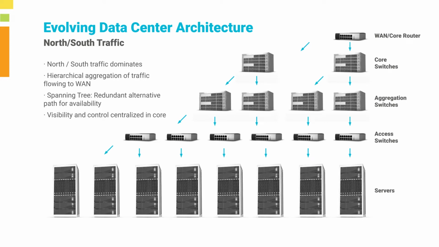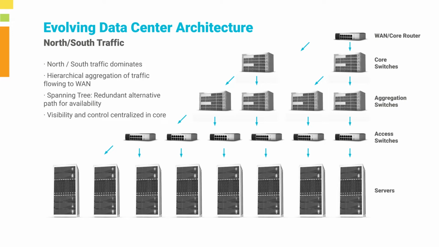So you don't really need much from your access layer other than to pass the data up to the core. And that's given you a really easy way to get visibility and control, because you have just a few devices, and typically they'll be instrumented and give you the features that you need to manage that traffic.